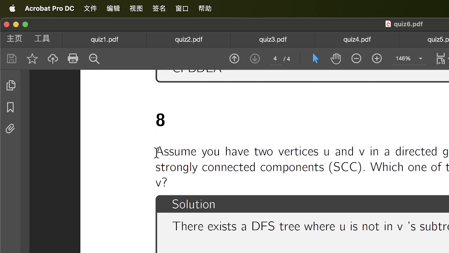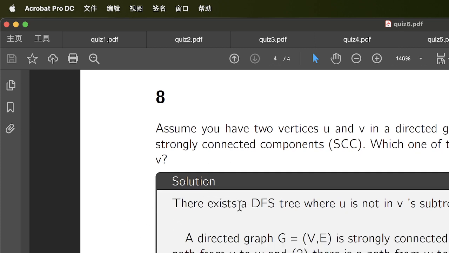Question 8. Assume you have 2 vertices U and V in a directed graph where U and V are in the same strongly connected component. Which one of the following is incorrect about U and V? There exists a DFS tree where U is not in V's subtree and V is not in U's subtree. That cannot be true, right?